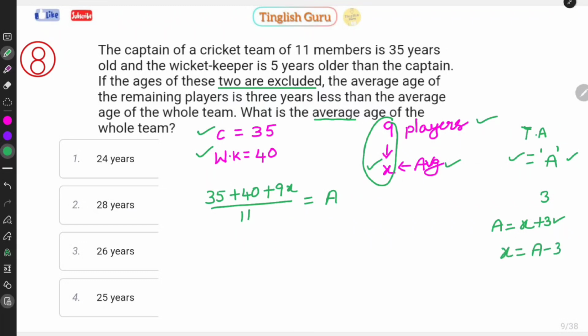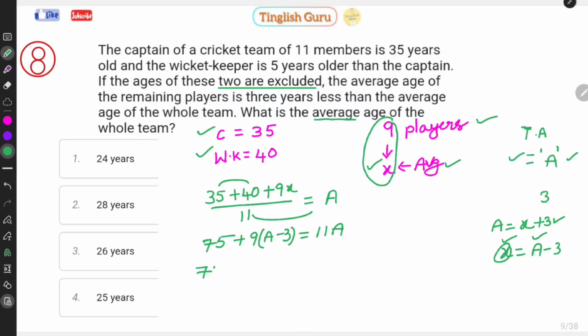That means the average of all 9 players is 3 less than the average of total players. So let us substitute the value of X. That is 35 plus 40, 75, plus 9 into the value of X, A minus 3, is equal to, let us send this 11 to this side, then it will become 11A.